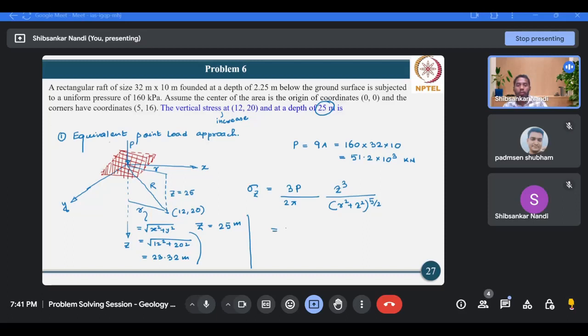Now if we substitute this value, 3 into 51.2 into 10 cube, 25 cube divided by 2 pi multiplied by (23.3 square plus 25 square) to the power 5 by 2, you will get 8.2, or after 2 decimal places 8.18.